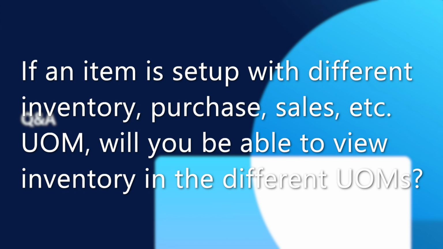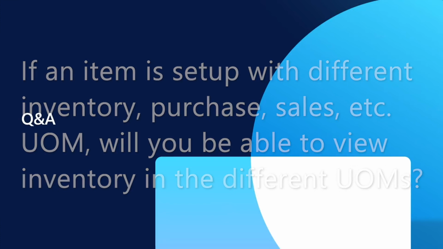So the question is whether they can see different quantities based on different UOM. No, currently no. But if I remember correctly, and Roger can correct me if I'm wrong, we have some backlog items in the roadmap for different UOM setups in F&O. So maybe someday we will have different UOMs with different quantities listed in inventory. But for now, no, only inventory units.